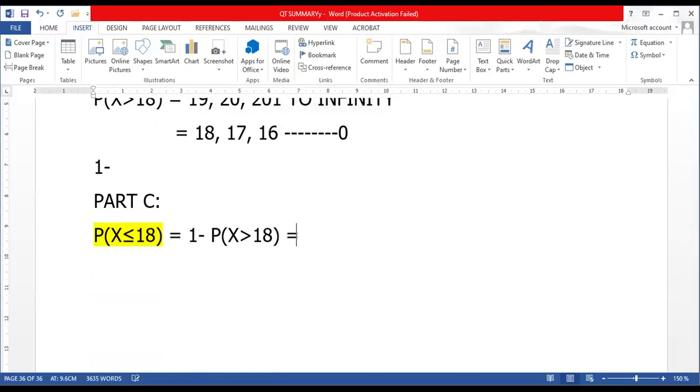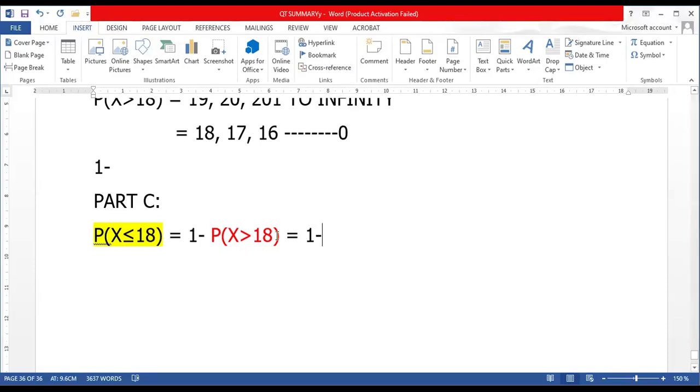So I substitute here: 1 minus, what was our probability from part A? Yes, do we consider the one that we standardize?